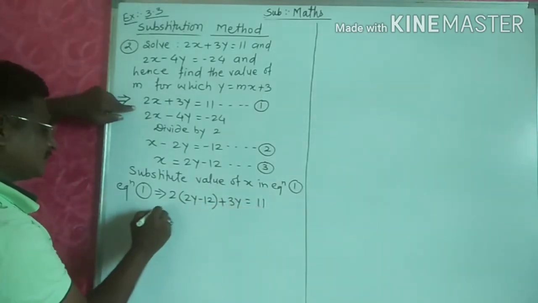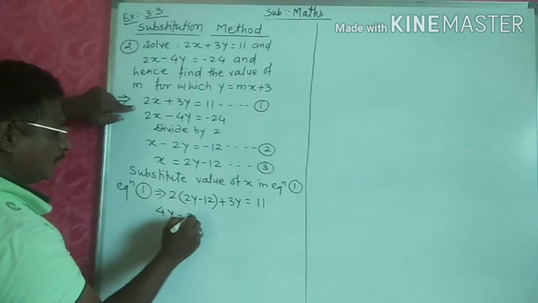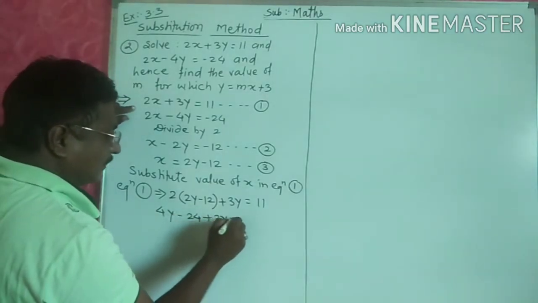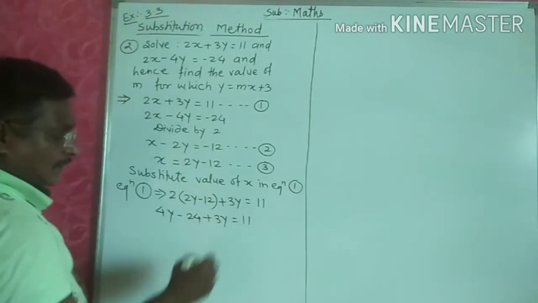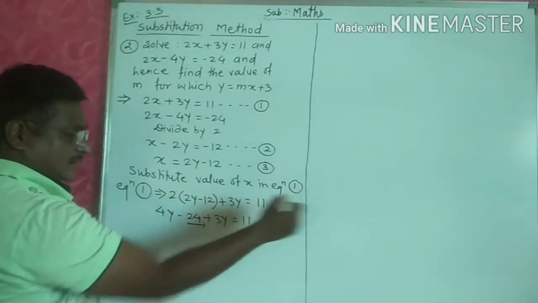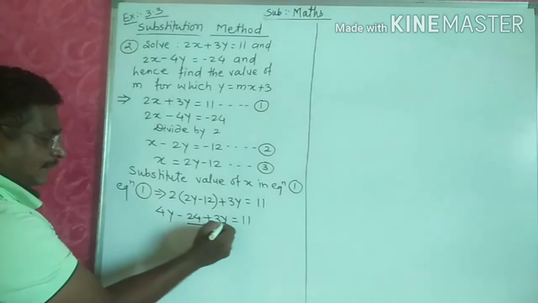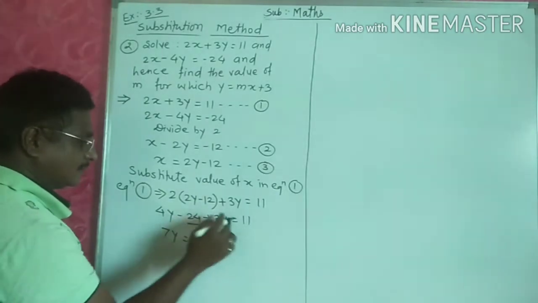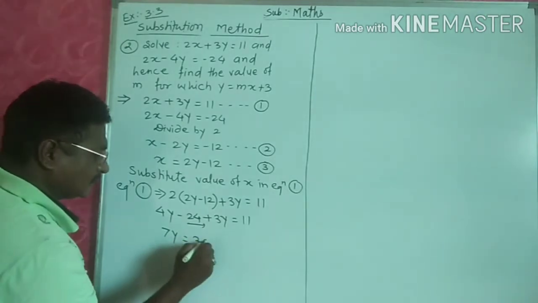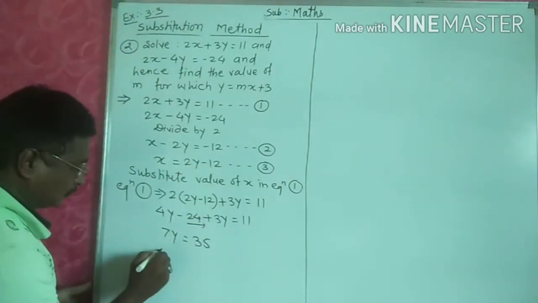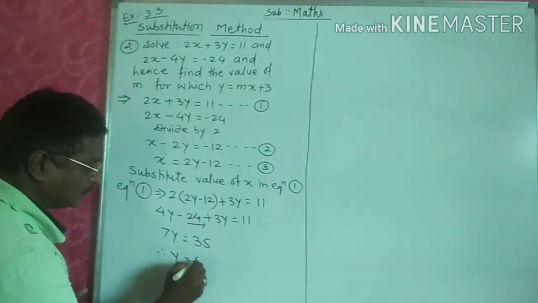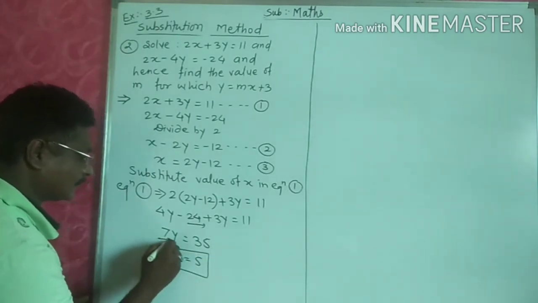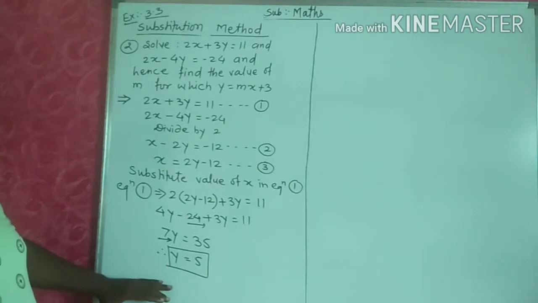Now simplify this: 4y minus 24 plus 3y equals 11. Transfer 24 to that side; 4y plus 3y is 7y. So what do we get? 35. Therefore y equals 5. So we got the value of y.